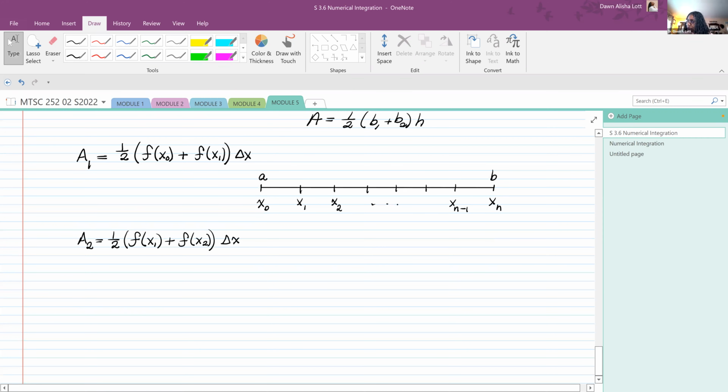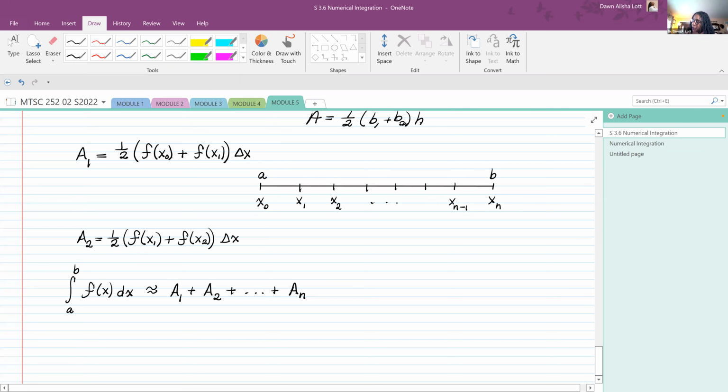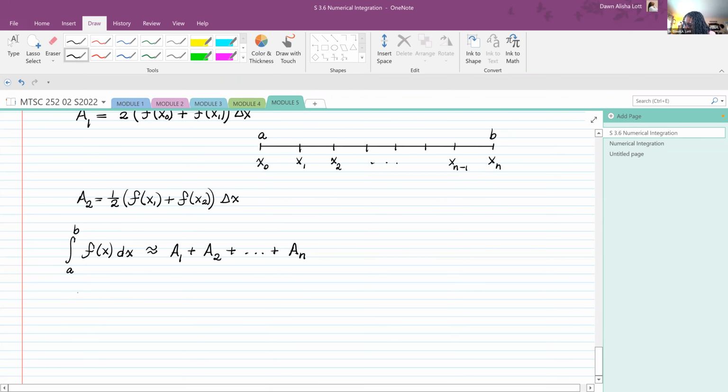So if I sum them all up, my integral from a to b of f of x dx is going to be approximately A1 plus A2 all the way down to An. So I'm going to call that Tn, which is the trapezoidal rule approximation with n intervals.